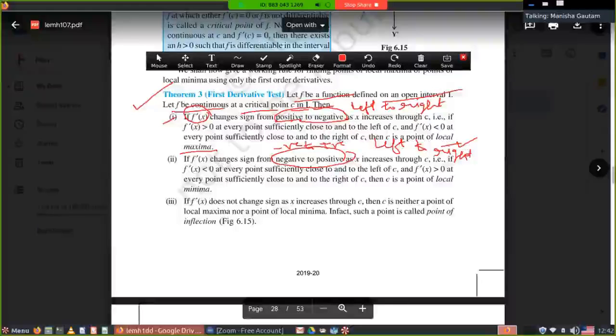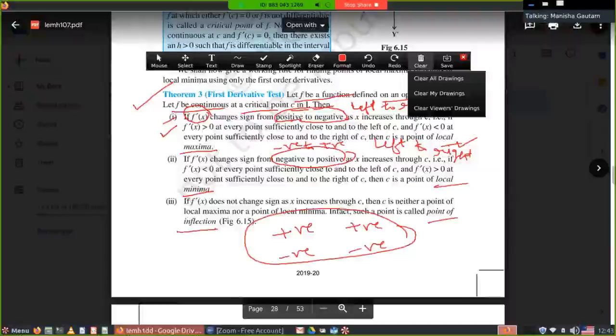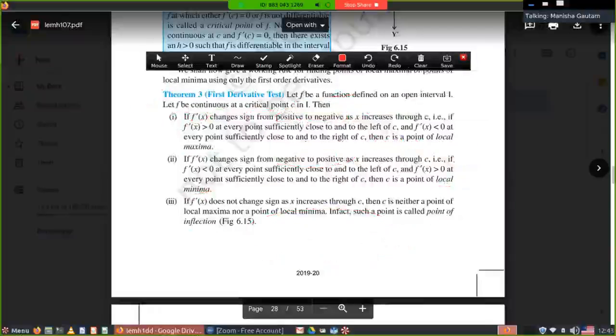From left to right. If it is positive to negative, then maxima. If it is negative to positive, from left to right, then it is local minima. If there is no change in sign, positive to positive, or maybe negative to negative, then there will be a point of inflection. It means neither maxima nor minima will be there. Remember these points, then we can do the questions using the concept of the first derivative test.